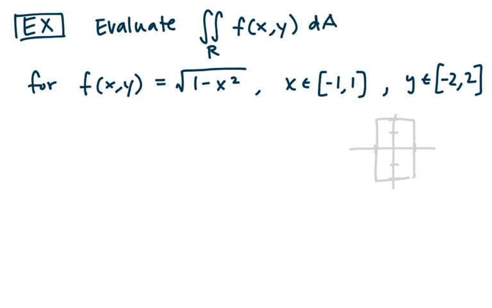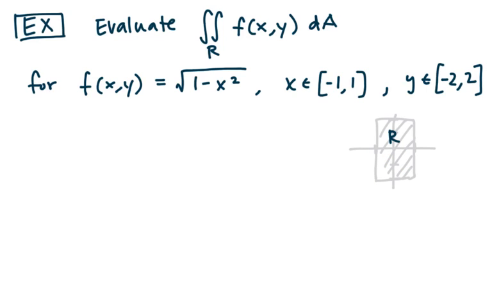So this is the rectangular region in the xy plane that we are mapping up to our surface F. So we've got this surface, and we want to find the volume between that surface and this rectangular region.